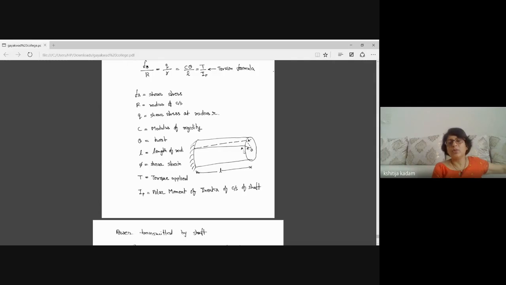That means you can understand, जो इसका न्यूट्रल एक्सिस है वहां पे स्ट्रेस कम रहेगा, जितना हम न्यूट्रल एक्सिस से दूर दूर आउटर मोस्ट फाइबर पे जाएंगे, shear stress की वैल्यू प्रोपोर्शनली बढ़ेगी. तो so therefore it is Fs upon R is equal to Q upon r. Fs is shear stress at outermost fiber, Q is shear stress at intermediate fiber of radius small r. C is modulus of elasticity.